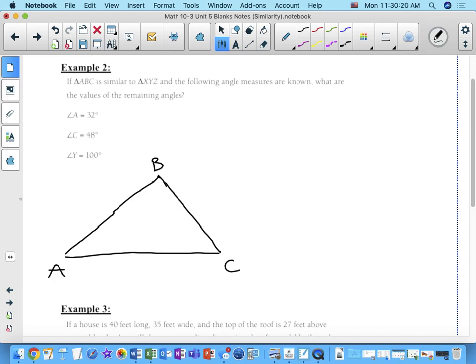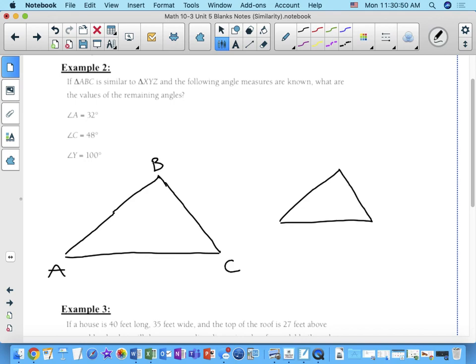And then X, Y, Z, if I draw that one, what I need to remember is that X is going to be the same look as A because it's the letter that comes first when I'm naming them. Okay, so maybe I'll make it smaller. We don't actually know if it's bigger or smaller, but we just know that they're similar. Okay, so maybe it'll look like this.